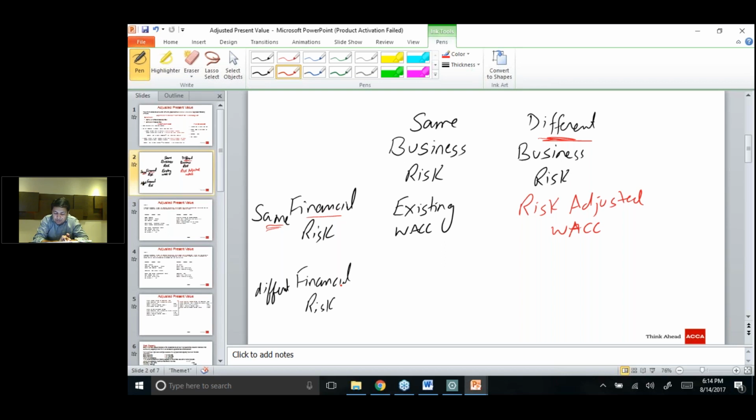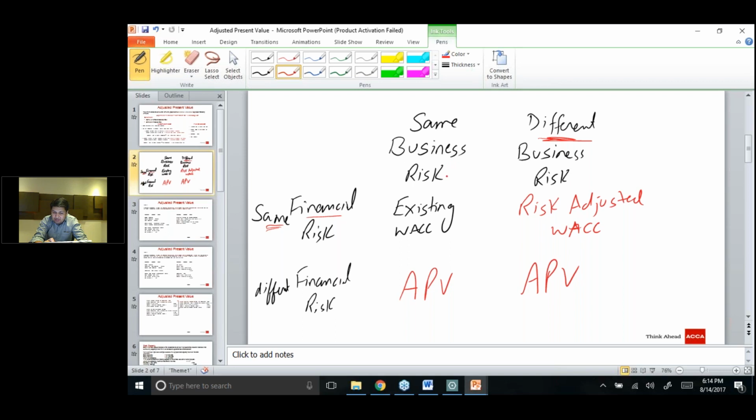If financial risk is changing, whether or not business risk is changing, you are going to appraise that project using APV, Adjusted Present Value.